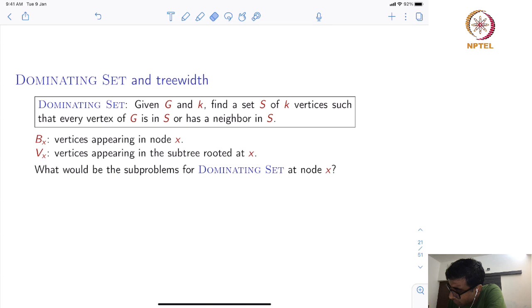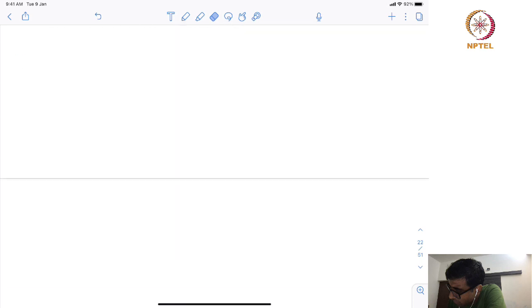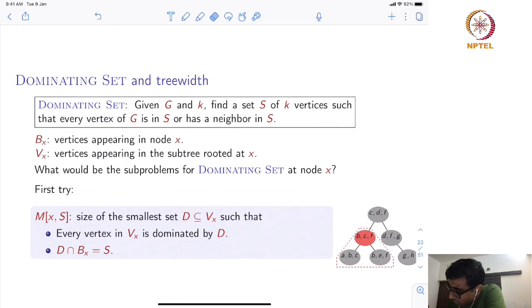Okay, so let's make a first try. What is M(x, S)? I'm looking at the node x and S is a subset of Bx.